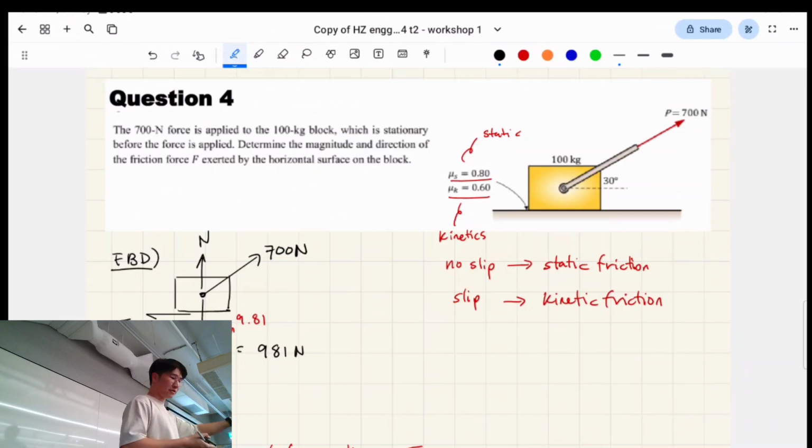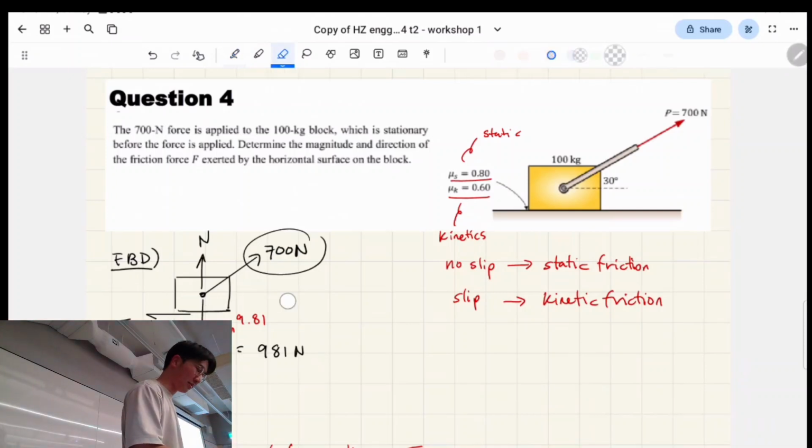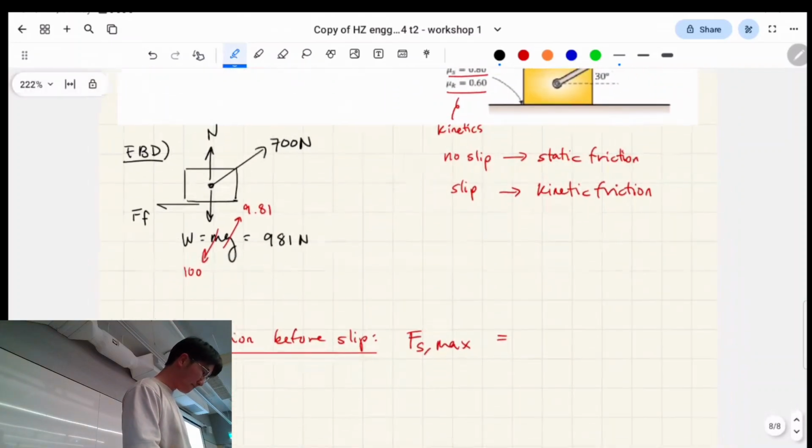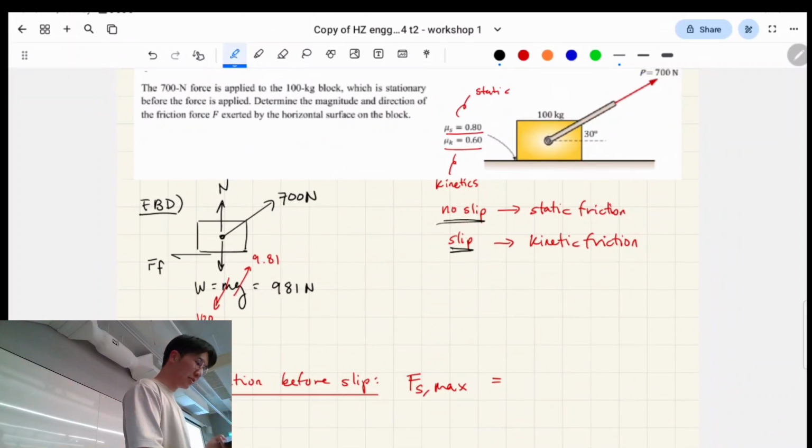So the normal force is essentially the remainder after you take the weight and the vertical component of that pulling force. Does that make sense? So the normal force will be less than the weight force because that pulling force is going to partially remove that counterbalance. Oh, also, if you ever see the word slip, it's referring to kinetic friction. If you see the word no slip, that means static friction.